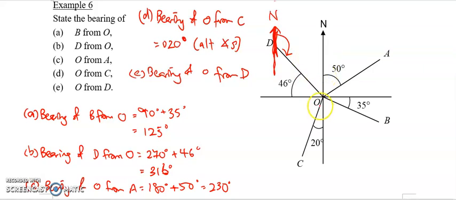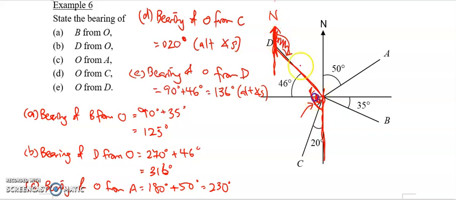This is also called the north line, so we have alternate angles. So this angle is 90 degrees plus 46 degrees, and we will get 136 degrees. These two angles are alternate angles, so if we can find the angle here, we will be able to get the angle here. So this is example 6.